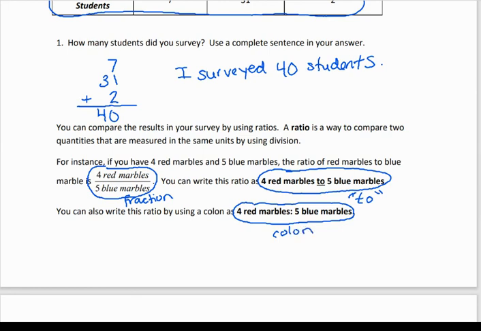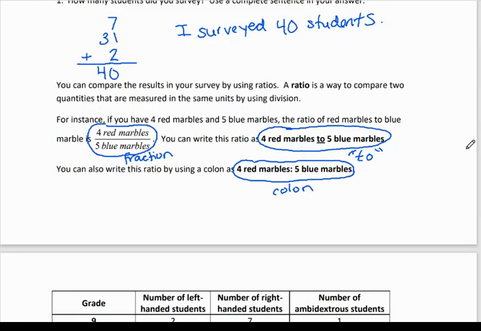So those are the 3 ways we're going to write our ratios: as fractions, with the word "to," or with a colon. Notice on all 3 of those examples, though, it doesn't just say 4 and 5. There's a label. It's so we actually know what we're talking about, right? If I just say 4 to 5, we don't know, are we talking about marbles? Are we talking about people? Are we talking about apples, oranges? Okay, so we're going to use our labels.